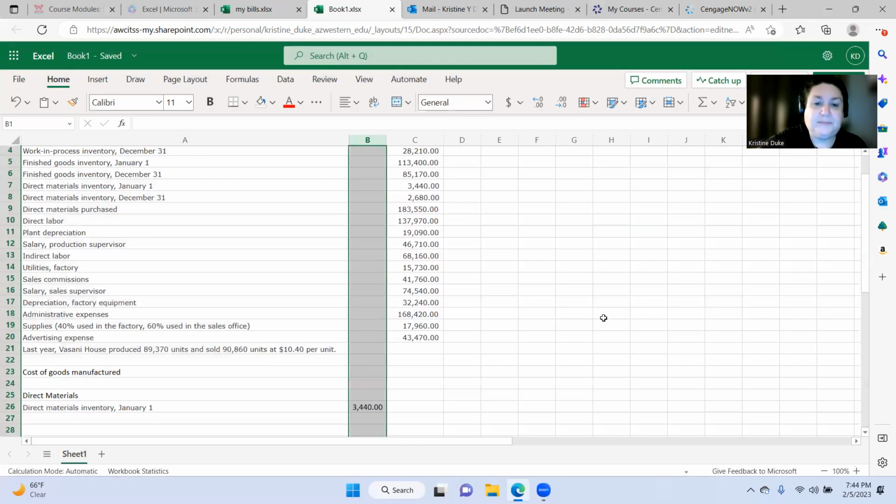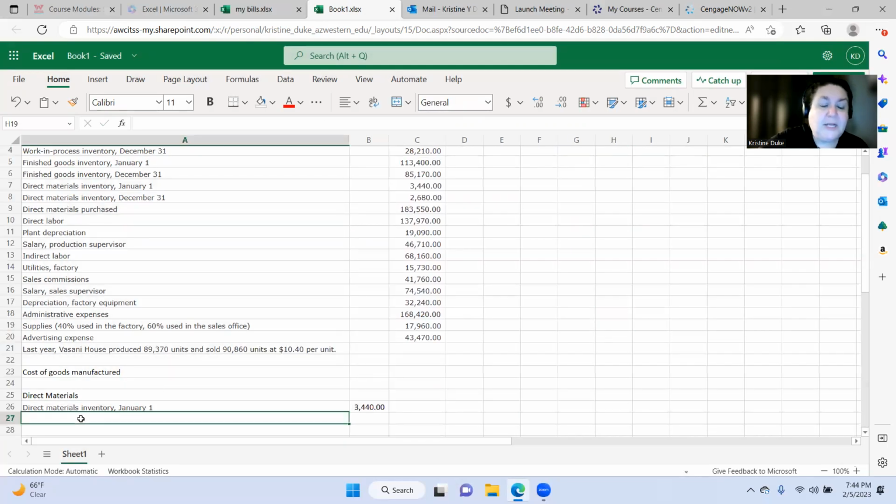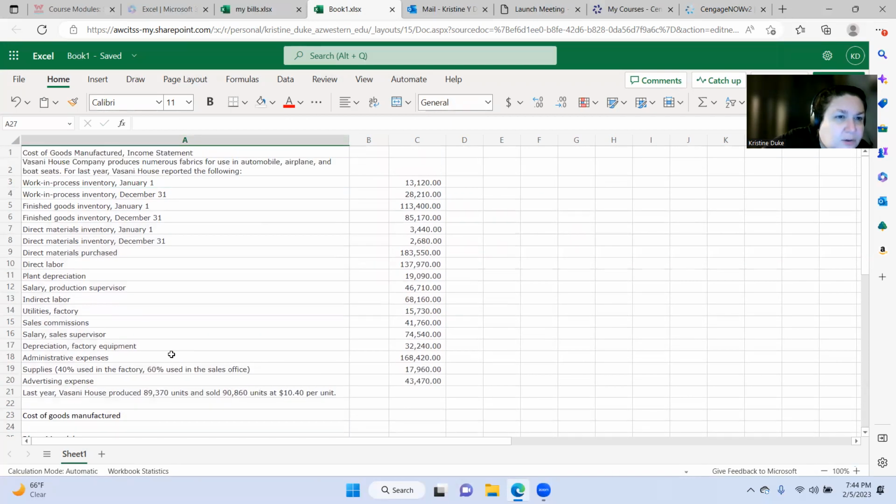The next thing I'm going to do is find where the purchases are, because I'm sure we had work in process, finished goods, direct materials, plant depreciation. I'm not seeing any purchases in here. What happened to that?